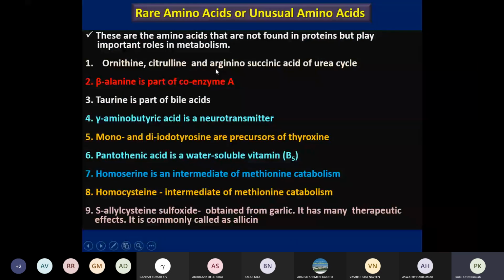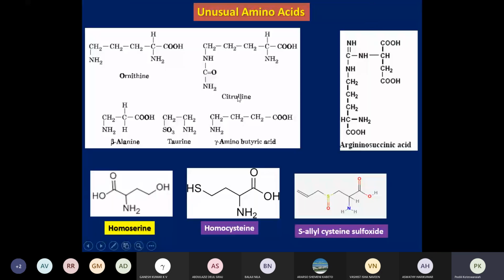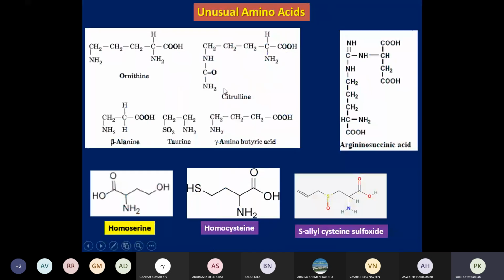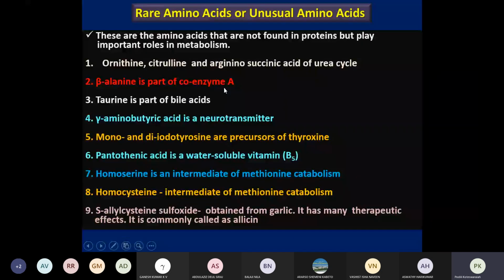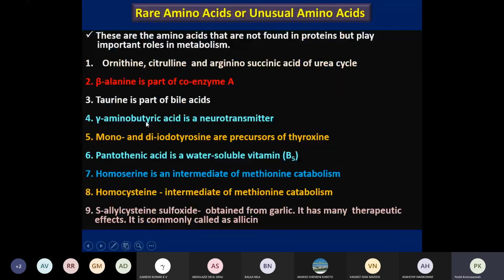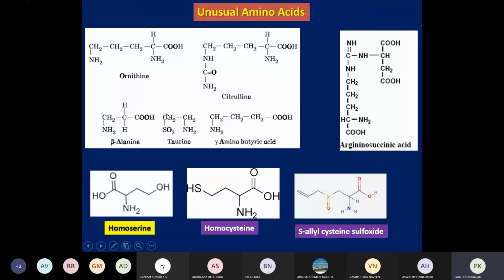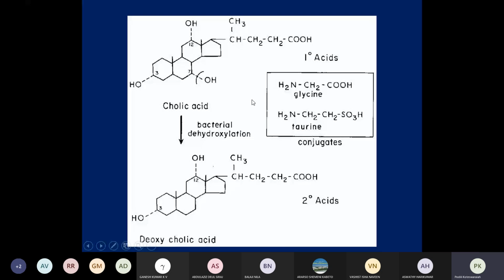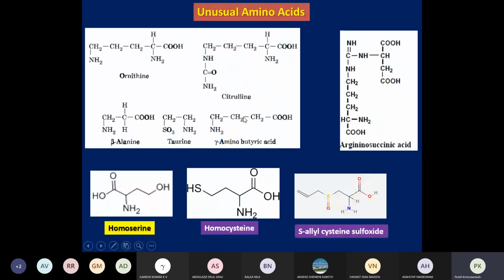Ornithine, citrulline and argininosuccinic acid are intermediates in the urea cycle. I think we have already seen this one. Beta alanine is part of coenzyme A. Taurine is part of the bile acids, and you can see here. Then gamma aminobutyric acid is a neurotransmitter.